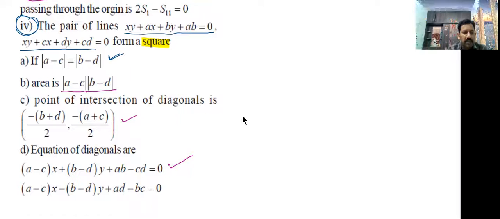That's why the first one is plus, the second one is minus: (a - c)x - (b - d)y + ad - bc = 0. These are the four important points a, b, c, d.